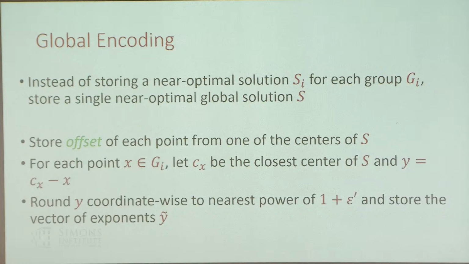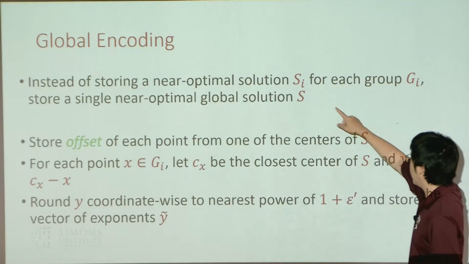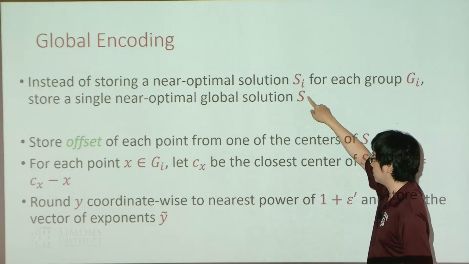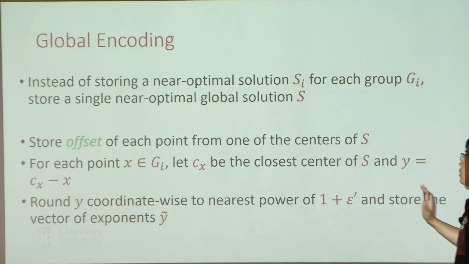So our last step is to use a global encoding instead of a local encoding. That just means that instead of storing a constant factor approximation for each group, we'll store a global constant factor approximation. So we don't have a polylog number of constant factor approximations anymore. And now we store the offset of each point from one of the centers of this global constant factor approximation.